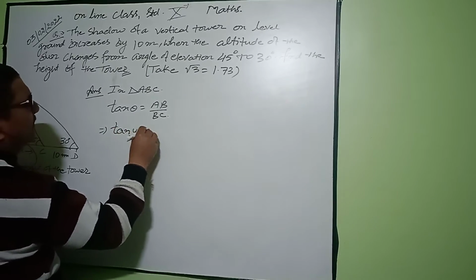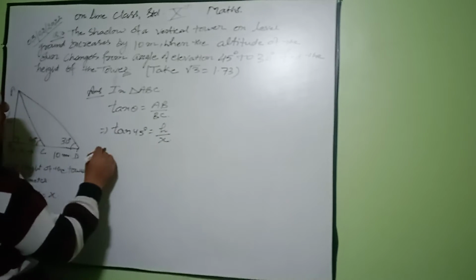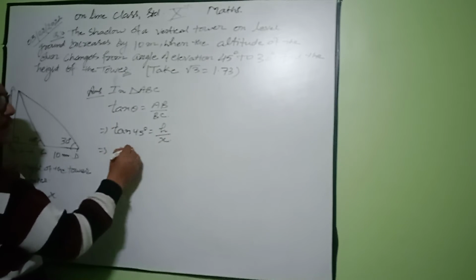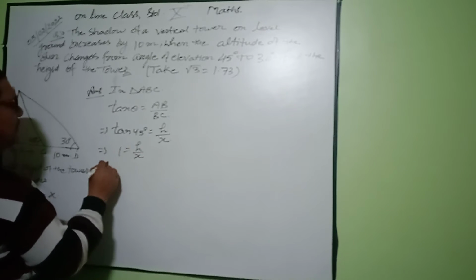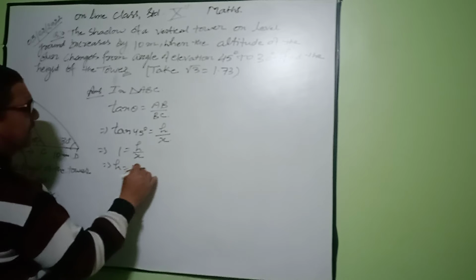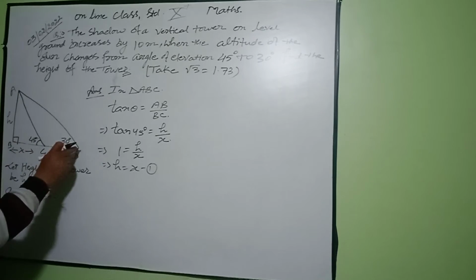Tan 45 degree equal to AB is h by BC is x. Tan 45 equal to 1. 1 equal to h by x, or h equal to x. This is equation first.